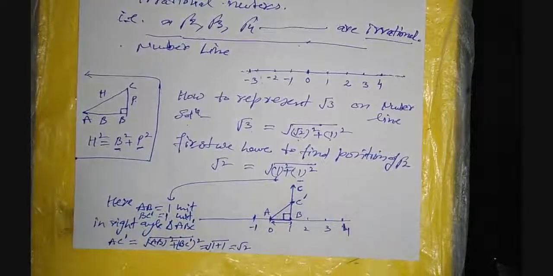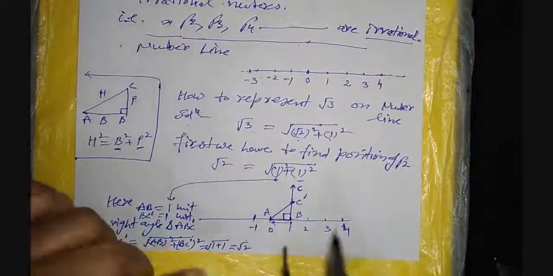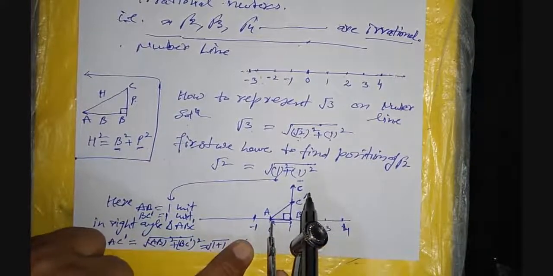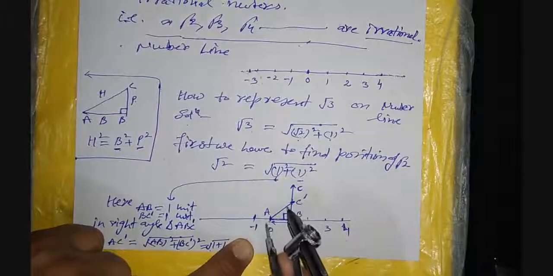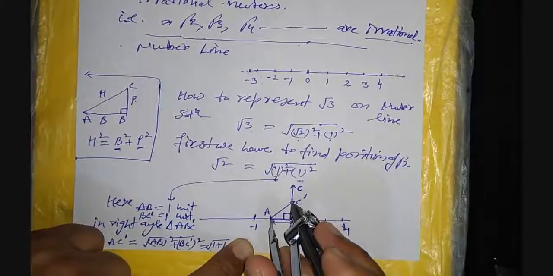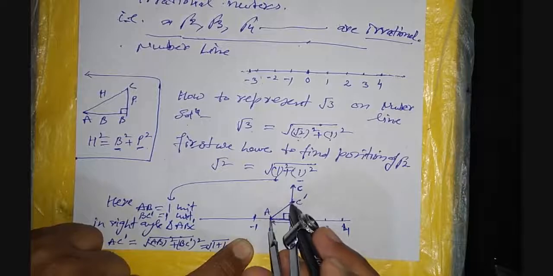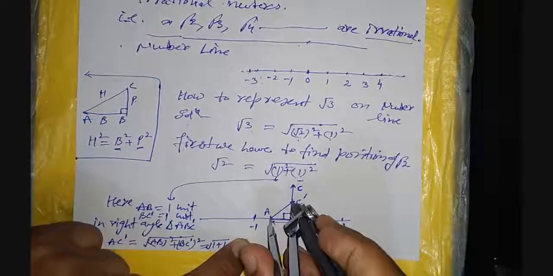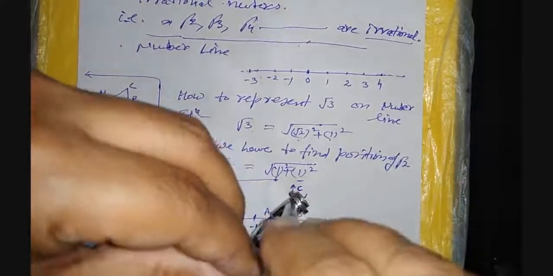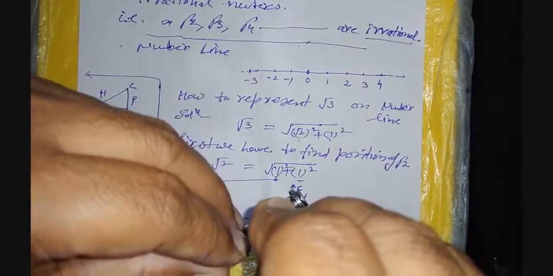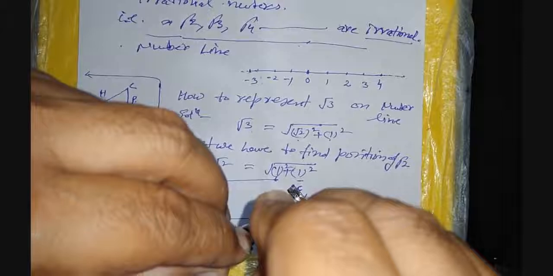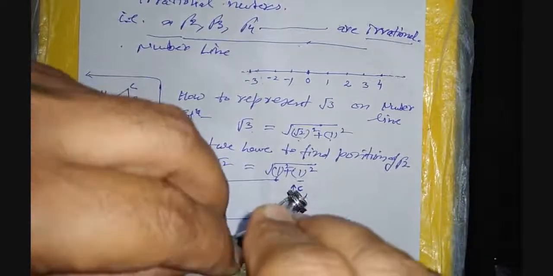Now you can use your protractor. A is your origin, and take the distance as AC dash. As you can clearly see, I am taking distance AC dash, which is the hypotenuse of this triangle.